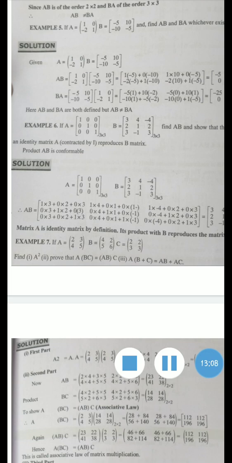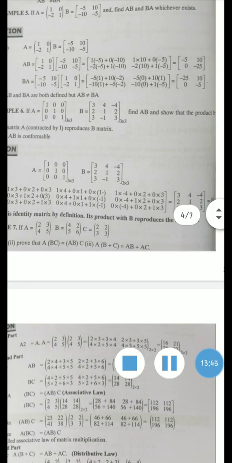is a matrix of order 3 by 3, so we can multiply AB. When you multiply AB, do it and check: first row first column, first row second column, first row third column, then second row of A with the first column of B, second row of A with the second column of B, second row of A with the third column of B. Then third row of A with the first column of B, third row of A with the second column of B, third row of A with the third column of B. So as a result you will get AB.